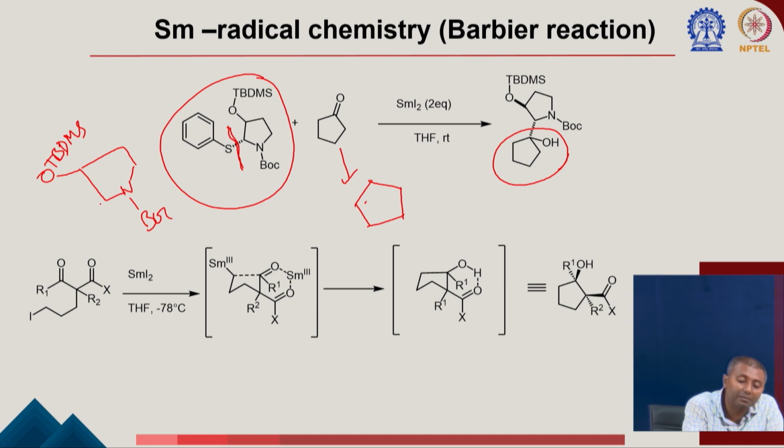So it will generate a radical first, and then it will generate a samarium species after the reaction with samarium iodide. And now this samarium species can act as in a Barbier reaction to react with the corresponding carbonyl group here to get to this product.